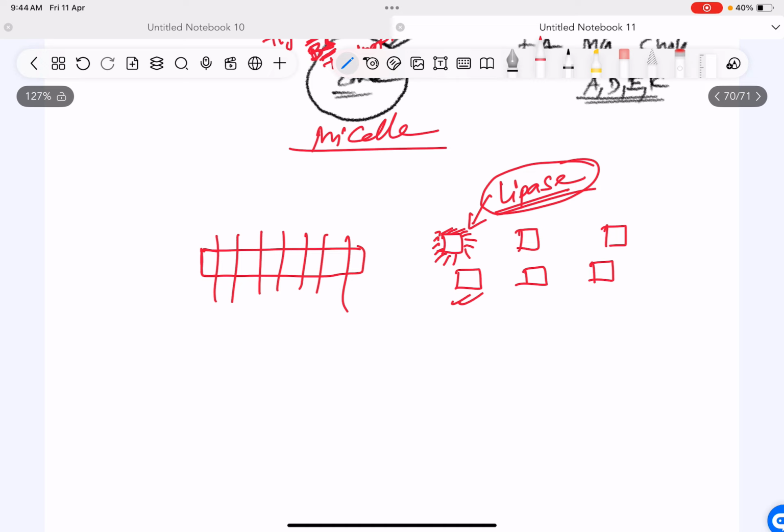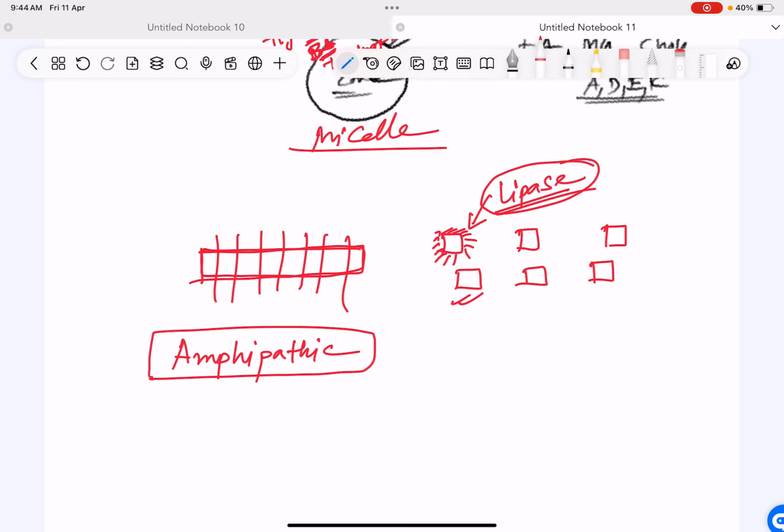How does bile salt break down this single large fat globule? Because bile salts are amphipathic. I just told you that they have a hydrophilic part as well as a hydrophobic part. Anything that is hydrophilic as well as hydrophobic is called amphipathic. Because they're amphipathic, their hydrophobic parts will stay together.